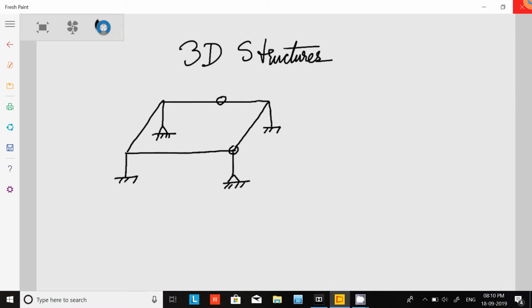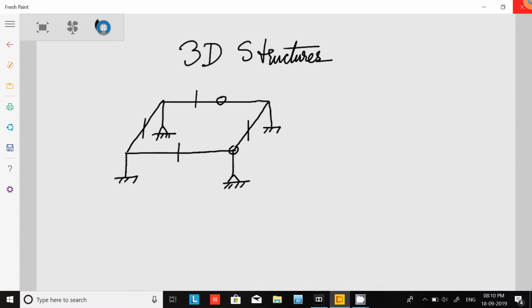So if we see here, how many trees can we make out of this 3D structure? We can make 4 trees by cutting it at 4 points. And as I've already told you, we should not cut through the internal hinges. So let us cut it here, here, here, and here.